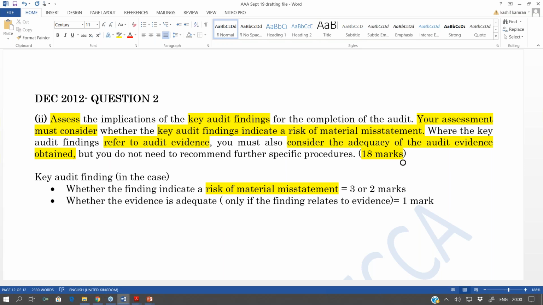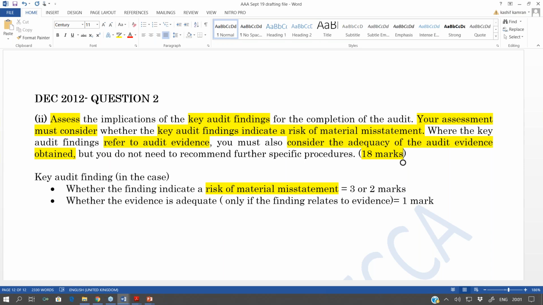Mirza Owais, why 4.5? Is it a question which is saying comment on the matters and explain the evidence in the working paper file? Was that not a marking scheme I made only for one question? Is the question asking for comment on the matters and explain the evidence, Mirza Owais? Or is it a question asking for risk of material misstatement, of which the marking scheme comes from yesterday, and evidence is adequate?